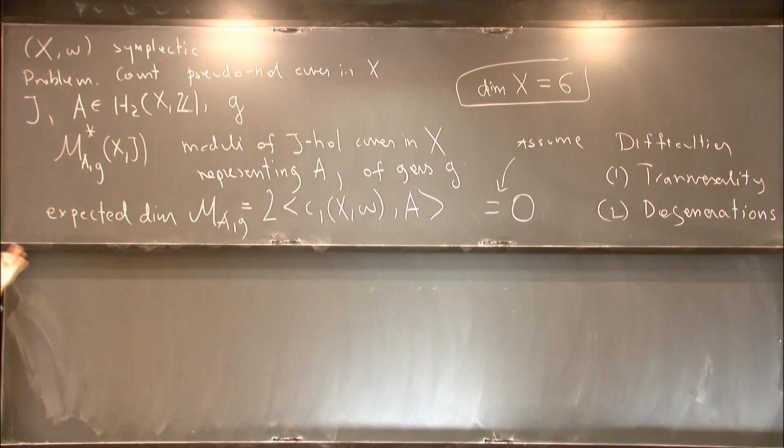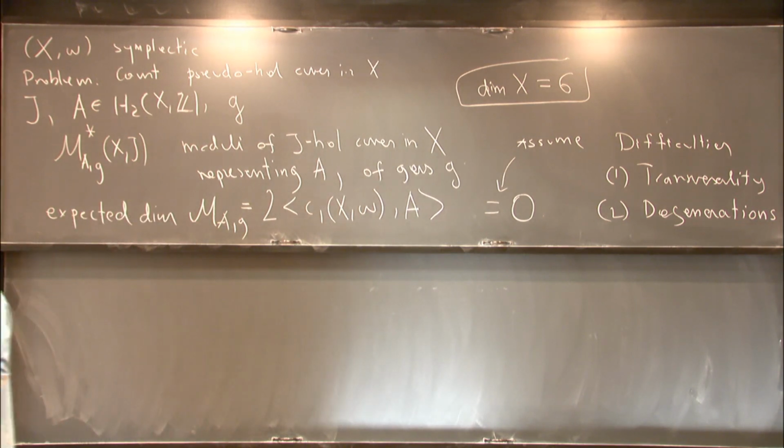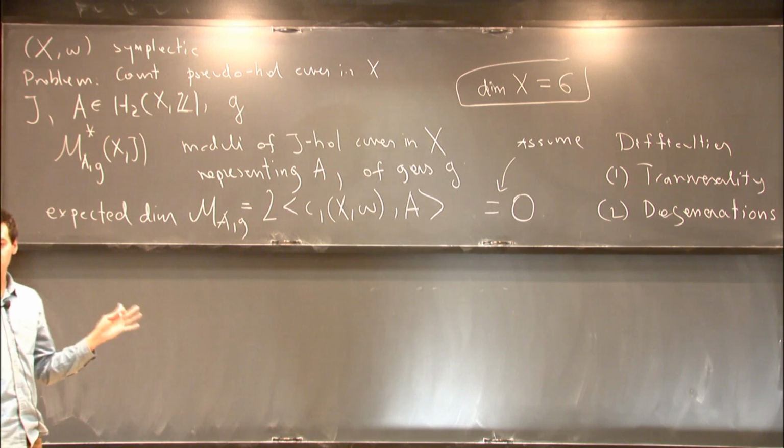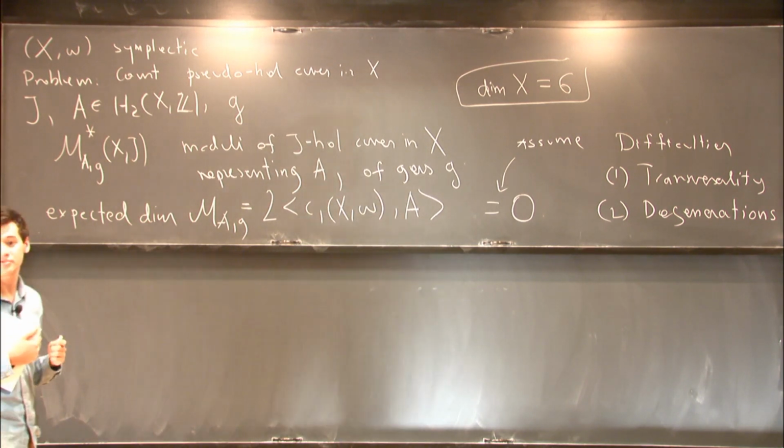I'm not going to write it down because it's not very relevant to this talk, but I just want to state it: it asserts that for a generic quintic threefold, so if you choose generically the coefficients of your polynomial, there are only finitely many rational curves of a given degree in that quintic threefold. This is an open conjecture. I think it's only known up to degree 7, and it's a very hard conjecture.